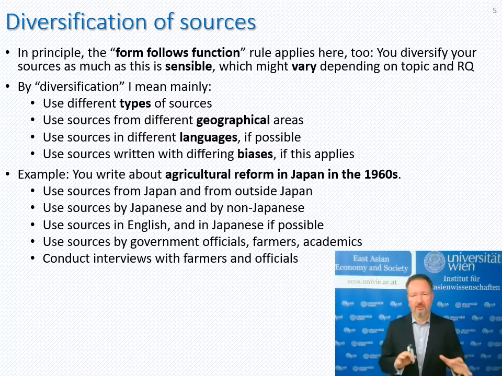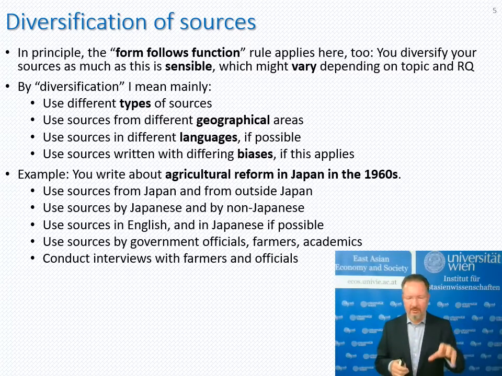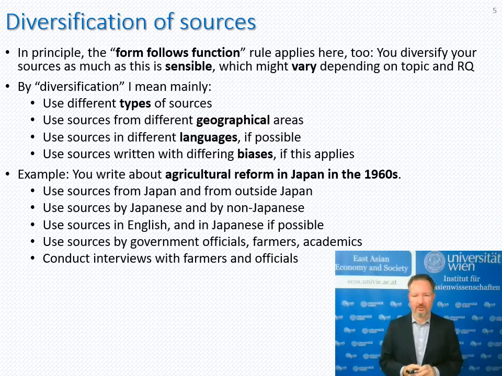Again, that's an assumption, but my point is to explain to you what I mean by diversification, right? So here you have at least three potentially different viewpoints, and as your supervisor reading your paper or thesis, I would expect to see that you have tried to consider all those different viewpoints in your own research.